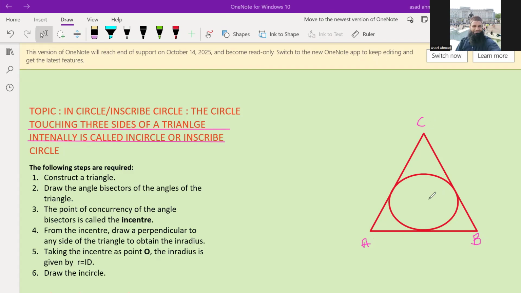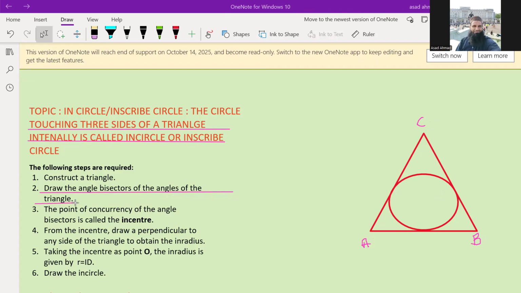So this circle can only be formed if we have three angle bisectors and one perpendicular from the in center to either side. Like in steps, we need to draw the angle bisectors of the angles of the triangle.